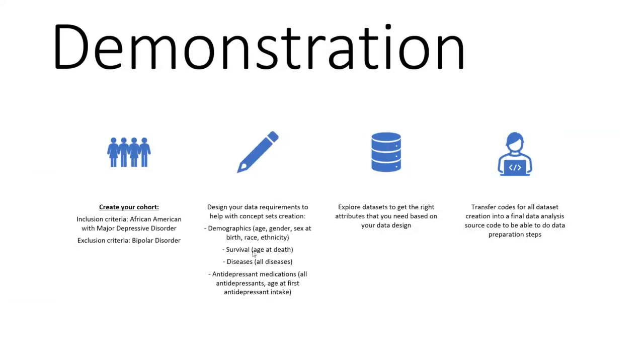And then there's also a table or data set for diseases. So I need a concept set for all diseases. We'll also see that you'll need medications. So I need data for all the antidepressant medications, as well as the age at first intake of the antidepressant. Again, I didn't put in the date of the first antidepressant intake. I just wanted the age.